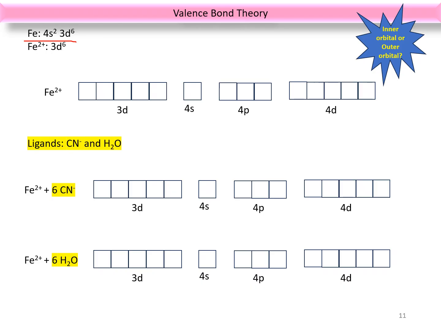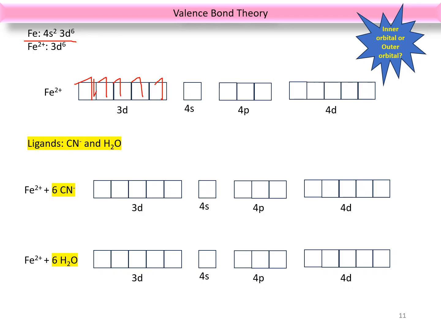So if you draw the iron configuration, it will look like this. We always draw the 4s first, fill in the 4s first, and then the 3d. So an iron 2 will have both electrons in 4s removed.